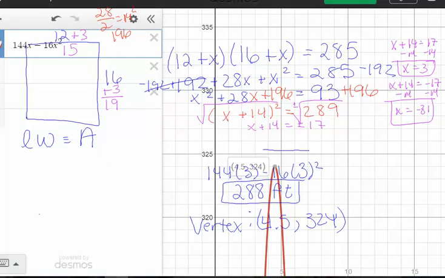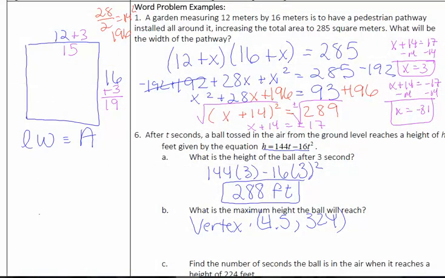That's my vertex. So what does that mean? The maximum height is 324 feet.